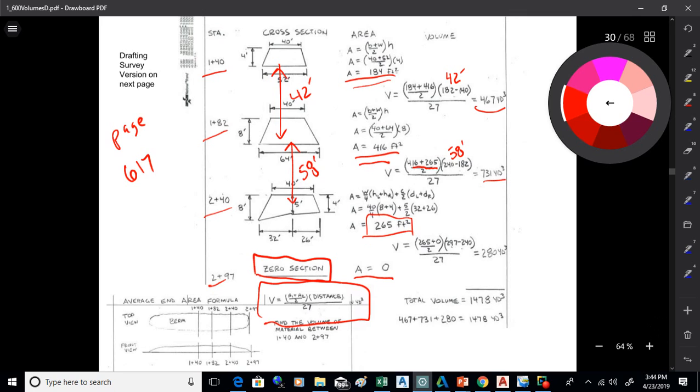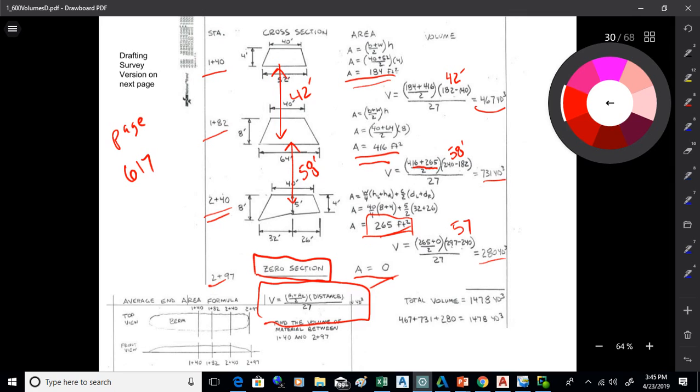That has to go into that last calculation because the berm doesn't end at 240. It goes to 297, and then it stops at 297. So 265 plus 0 over 2 times the difference, which is 57, over 27, 280.